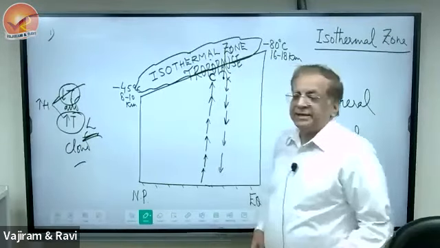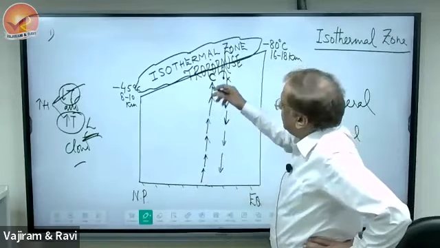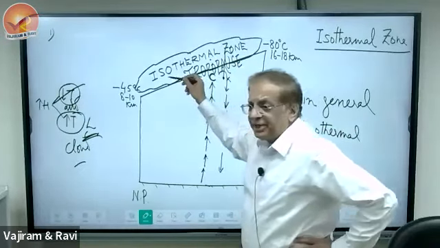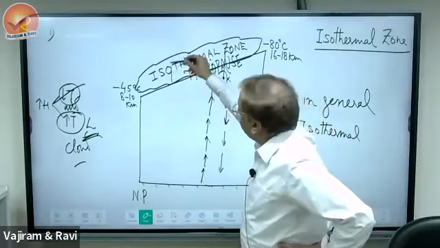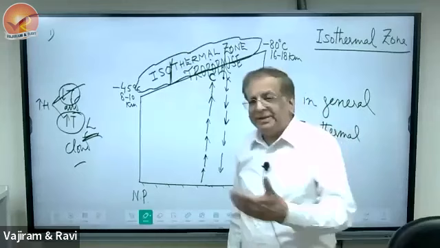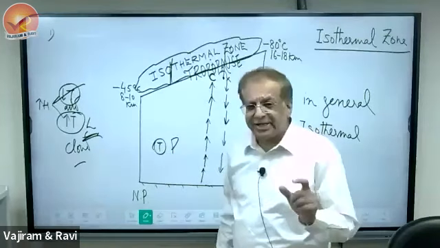So first good thing is, in general, an absence of clouds. Now, what is the second reason for preferring this zone? The very nature of this zone is isothermal, which means for a few 5-6 kilometers here, temperature doesn't change much. In the coming days, you'll understand that if temperature doesn't change much, the pressure conditions will also not change much.